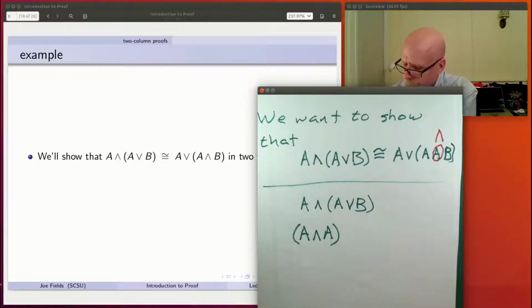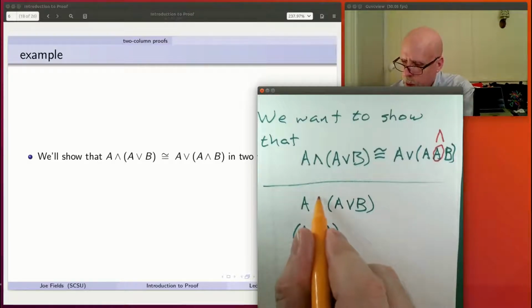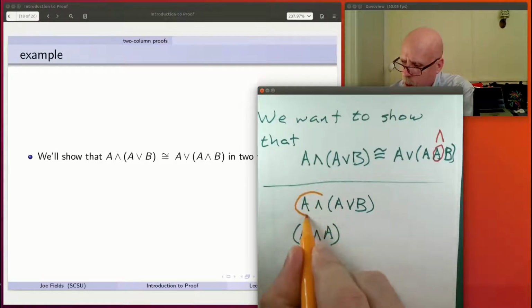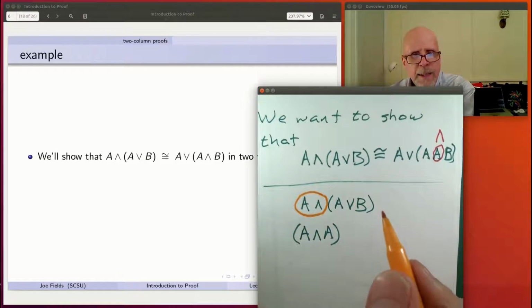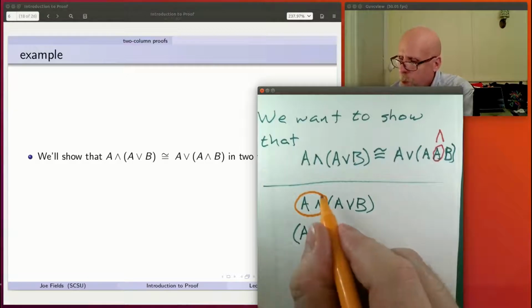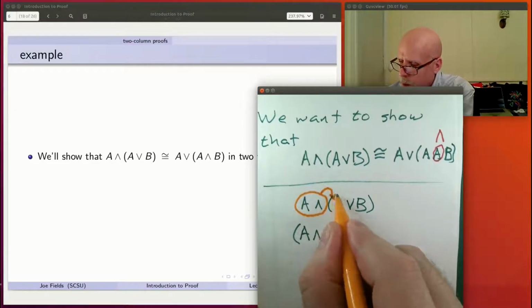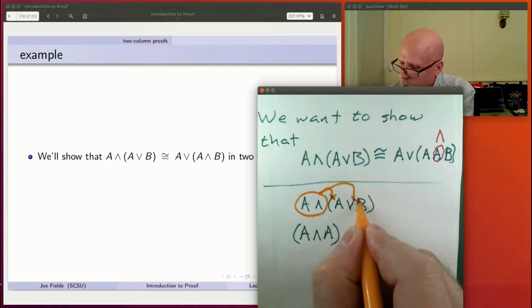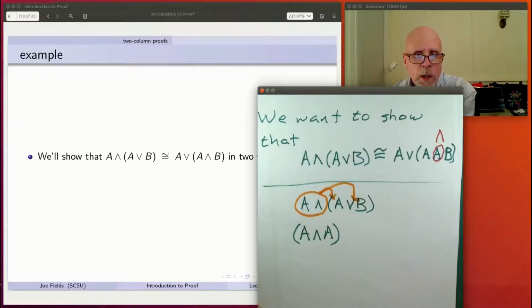Let me just illustrate what the distribution law looks like. This is written out in the book a bit, but we didn't do it in last lecture very well. So both the A and the symbol between it and the thing in parentheses, both those things have to come out and go in front of the variables that are ORed together here.